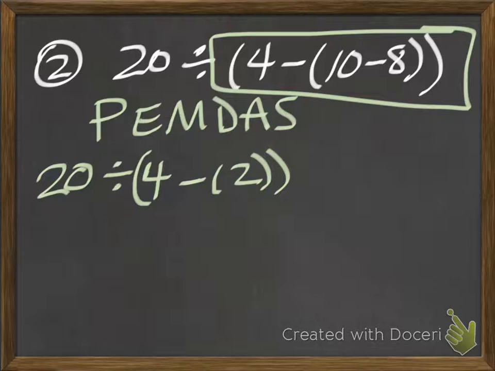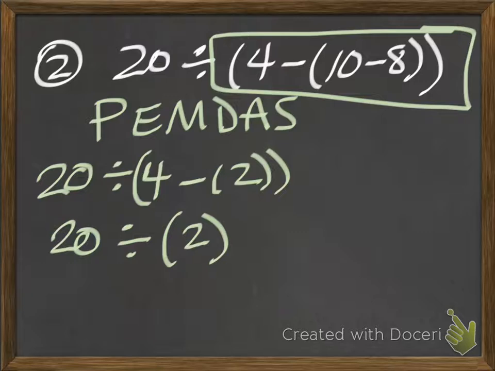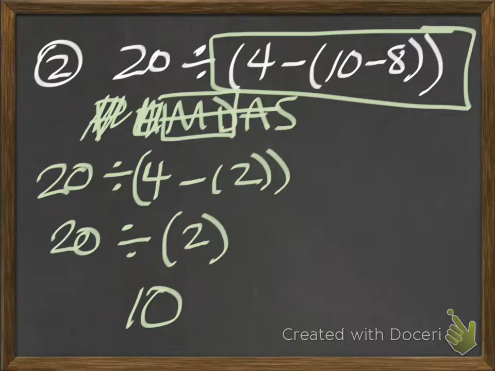I have more parentheses, so I'm not going to cross that P off yet. 20 divided by, let's do 4 minus 2 now, which is going to be 2. Done with parentheses. Don't have any exponents. Looking at multiplying, dividing, I have some dividing to do. 20 divided by 2 is 10. I have no more operations, so I'm done.